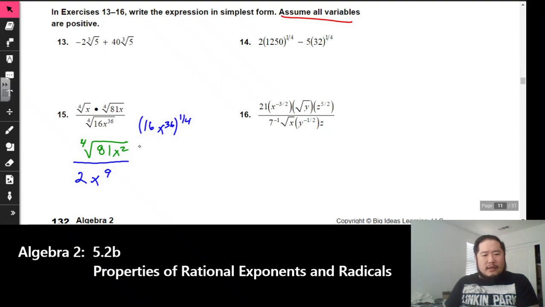It might be easier right here for us to take this 4th root of 81x squared and raise that to the 1/4 power. Let's see if I could take the 4th root of 81. There might be ways for us to simplify some of these numbers here.